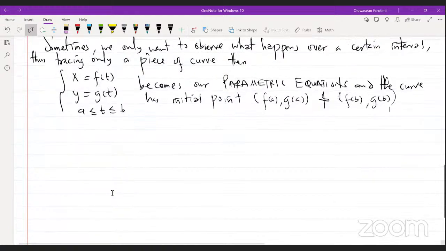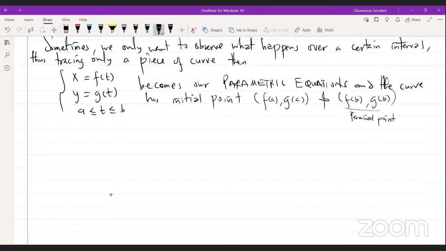You put the left end point and the right end point. When t equals a, you have f of a and g of a. When t equals b, you have f of b and g of b. And this is what we call the terminal point.